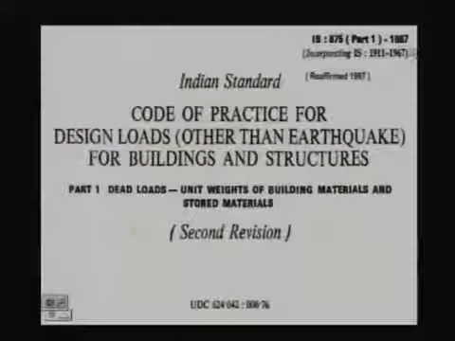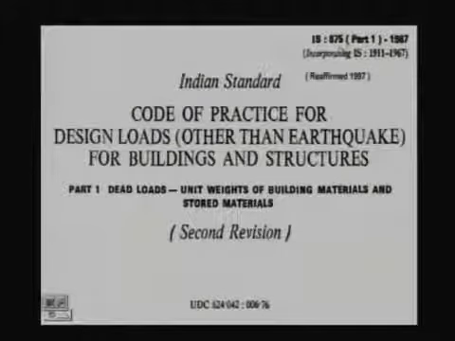This is part 1, that is IS 875 part 1, revised in 1987, Indian Standard 875 part 1, 1987. That code gives the code of practice for design loads, other than earthquake, because earthquake is considered separately, for buildings and structures. Part 1 covers dead loads, unit weights of building materials and stored materials.